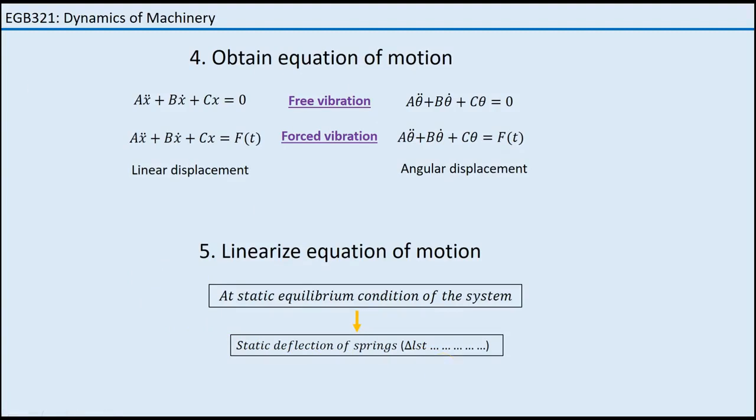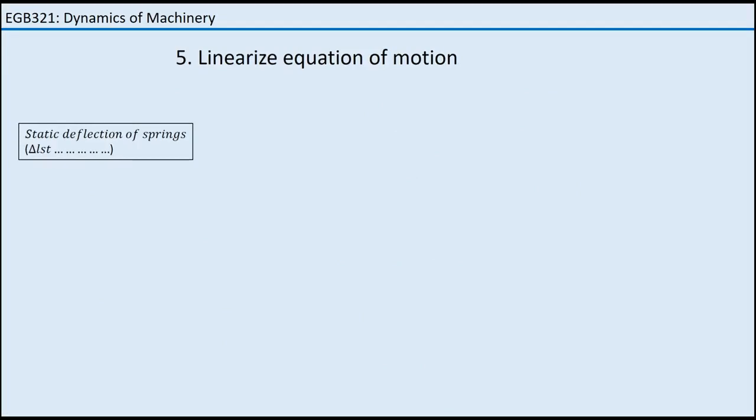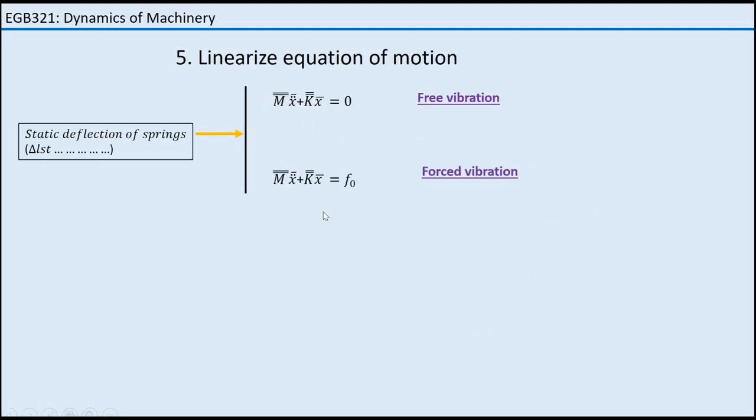Once we get the static deflection of the springs, we replace this value into the equation, and we should get this kind of form for free vibration and this kind of form for forced vibration.